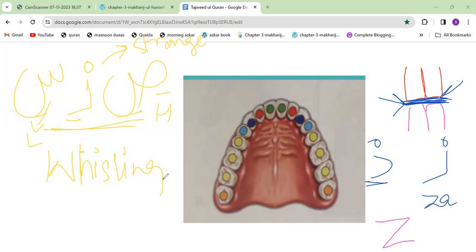Za should be pronounced with a stronger sound, and to pronounce it more strongly, you need to connect the upper and lower front two teeth. Say za, and along with that, sin. All these three letters make a whistling sound. Swad, za, sin. Okay? This is one group with the whistling sounds.